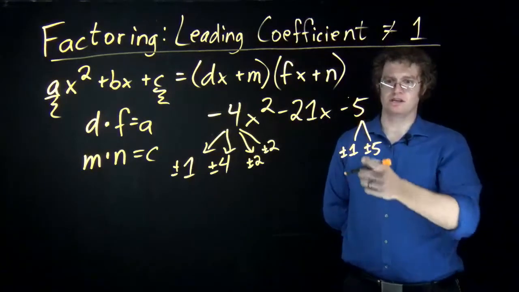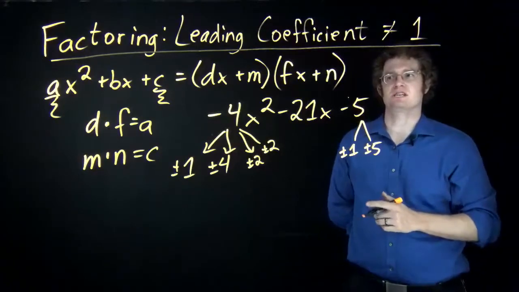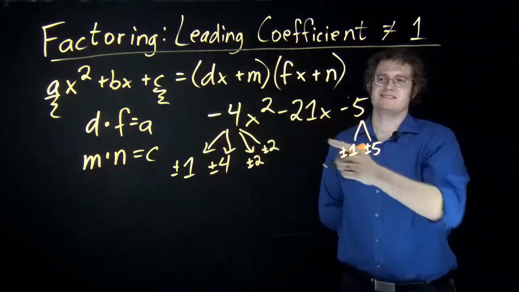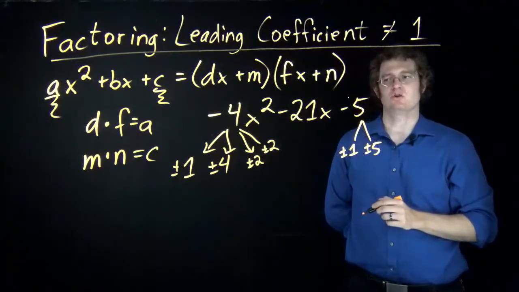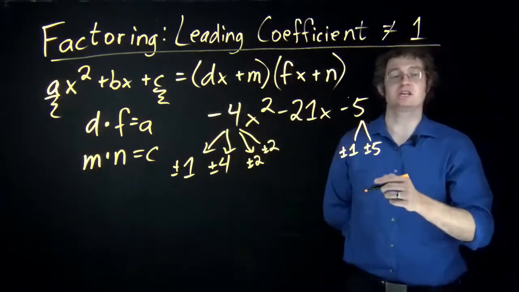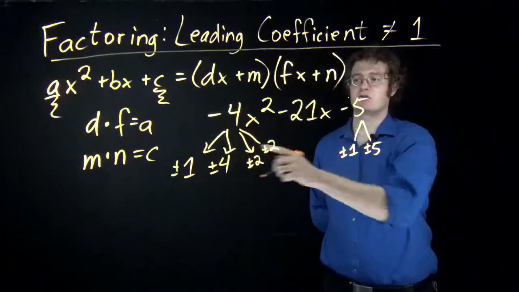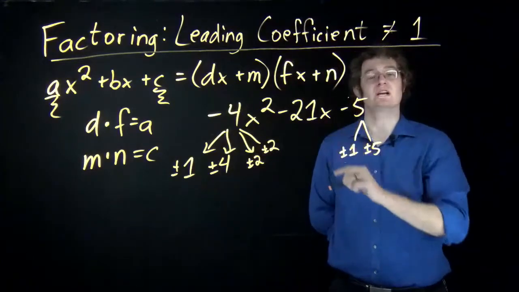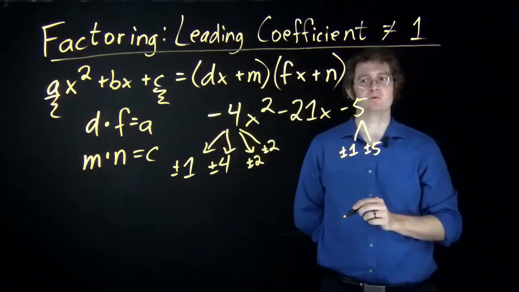Well, looking at this, we need to figure out what those possibilities are. In particular, we need something that is going to get us this minus 21 in the middle. So how do we get to minus 21? Well, we get to minus 21 by looking at the cross terms. So if I take something like 5 times 4, that'll get me to 20, and that looks like it'll get me most of the way to this minus 21.